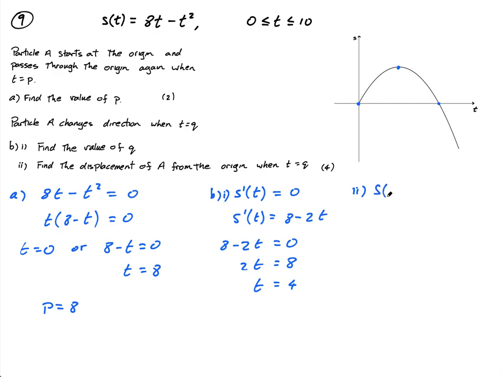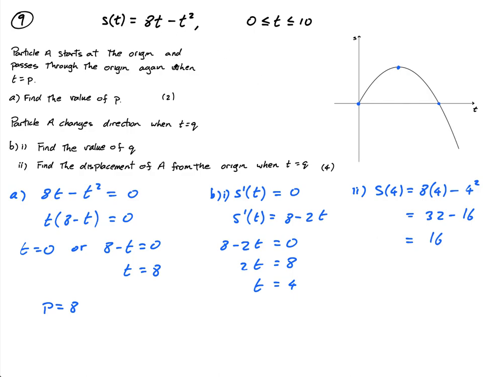So s of 4 is going to equal 8 times 4 minus 4 squared, which is 32 minus 16, which is equal to 16.